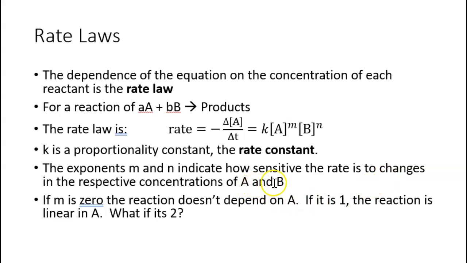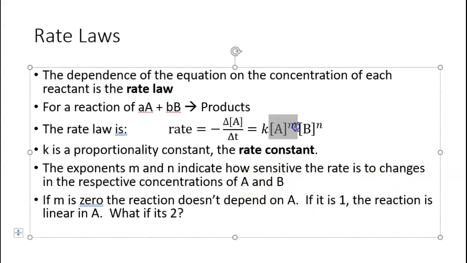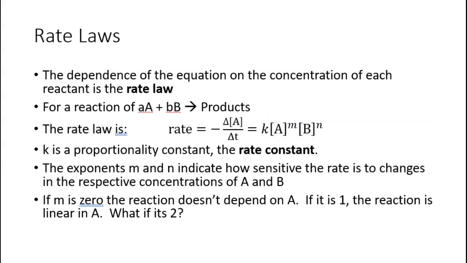The exponents m and n indicate how sensitive the rate is to changes in the respective concentrations of A and B. For example, the smaller the value of m, the less sensitive the reaction is to a concentration change for A. So we change A a little bit, and m is small, so the rate doesn't change very much.